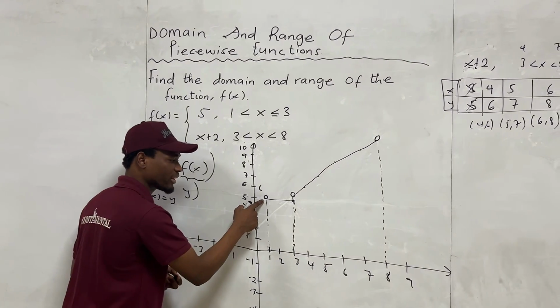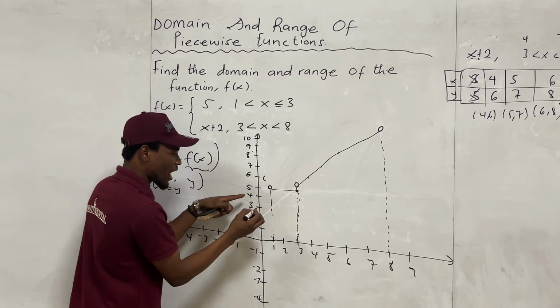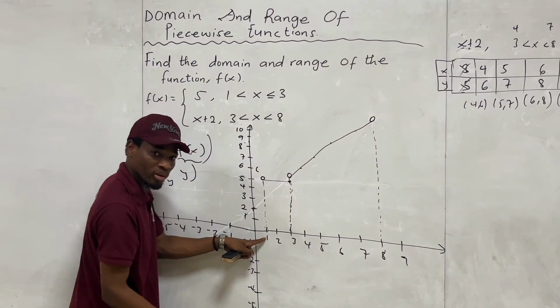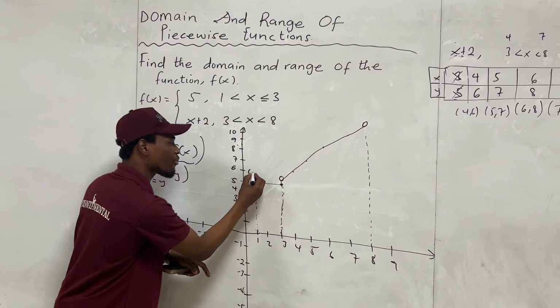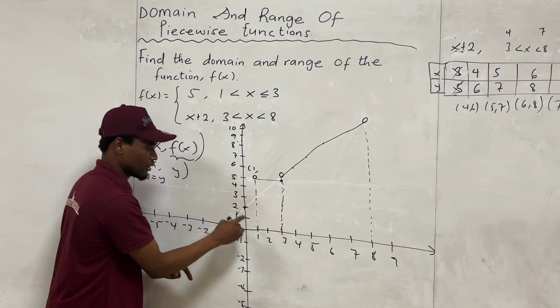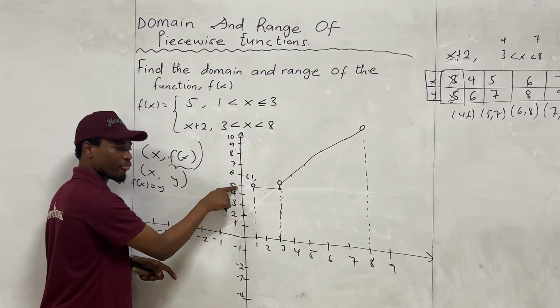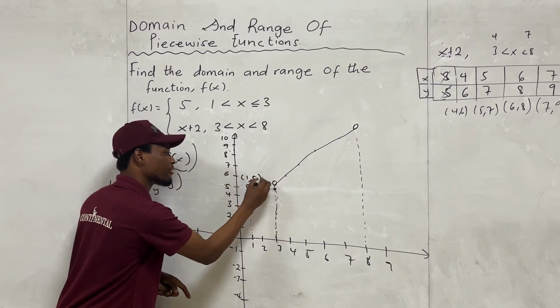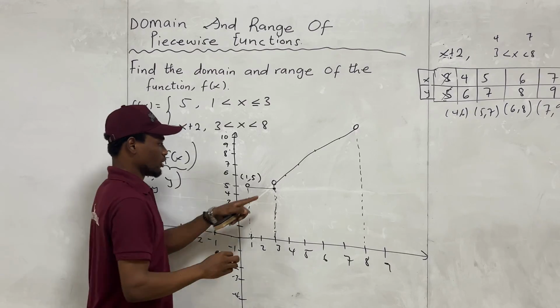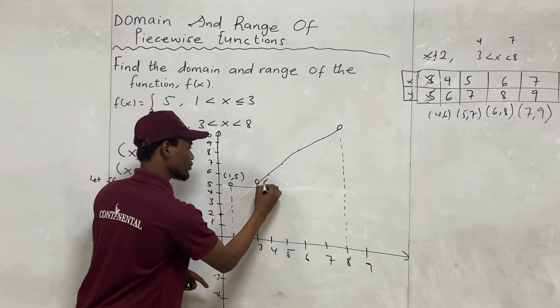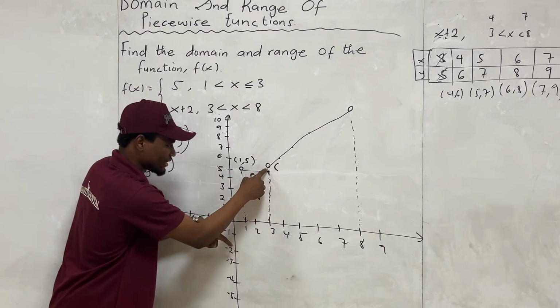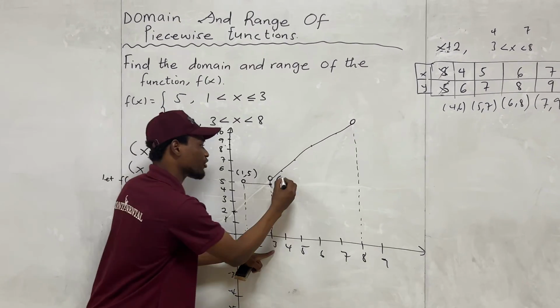So let me write down the coordinate at this point. So what do I have? This is the x coordinate, which is 1. So I have 1, then comma. Look, this is my y, starting from 5. So I have it to be a 5. So (1, 5). Now at this point, this is my x. X is 3. So I have 3.